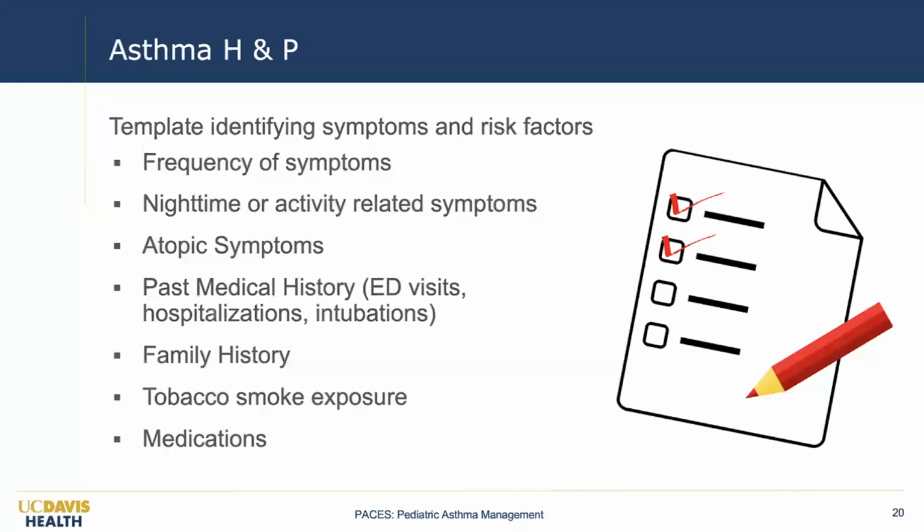And then finally, thinking about medications. I think it can be really confusing for families to understand the difference in the medications, because we have one medication, typically albuterol, that we're giving and asking them to use as needed. We oftentimes will give them inhaled corticosteroids, which they're supposed to use every day, even if they don't have symptoms, and often twice a day.